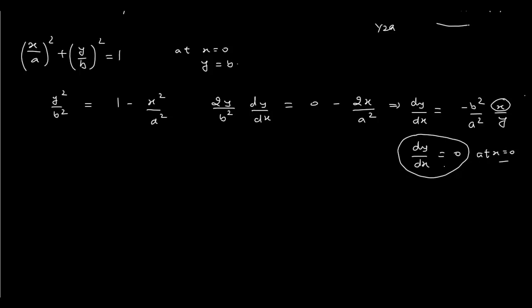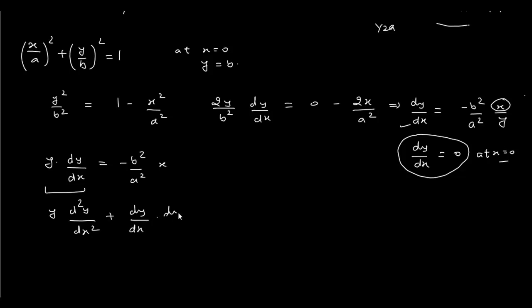Clear? So we need dy by dx at x equal to 0, and we now know that it is equal to 0. Now for the second derivative of y with respect to x, in order to calculate this, I am rearranging this equation for easy calculation. I am using the product rule here, so I can write y d square y by dx square plus dy by dx into dy by dx is equal to minus b square by a square.